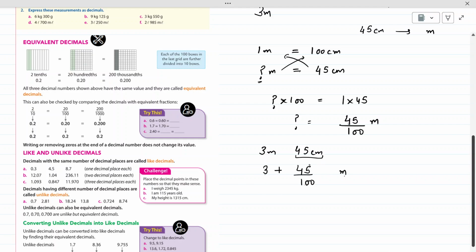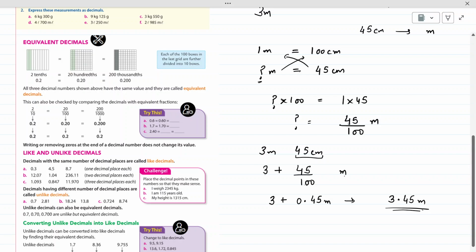When we combine these two, this 3 is a whole number, this will be as is, and we have to convert 45 by 100 into decimal, which is 3 plus 0.45. Why 0.45? Because we have two zeros in the denominator and we have to put a decimal after two places starting from the right. So we have 3 plus 0.45, and when we add these two, writing meters also here, we get 3.45 meter as the answer.